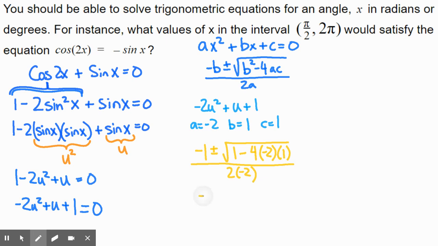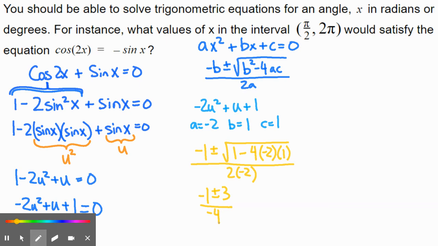So you end up with negative 1 plus or minus 3 all over negative 4. That's not too bad, right? That gives you 2 possible values for sine of x, because that's what we just solved for.